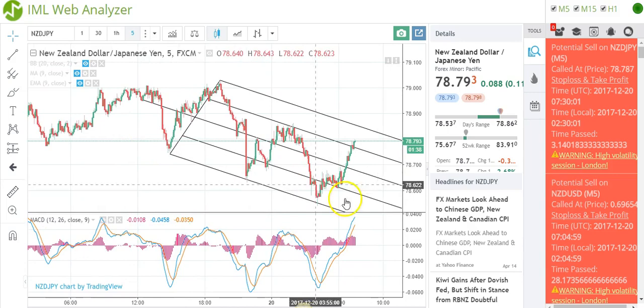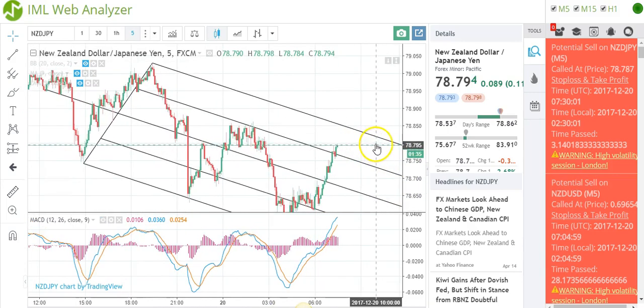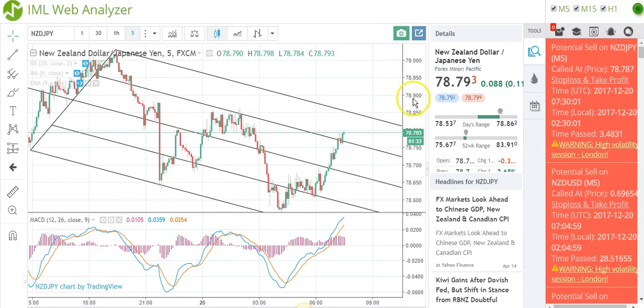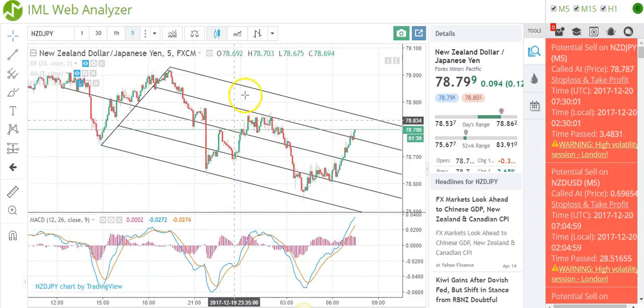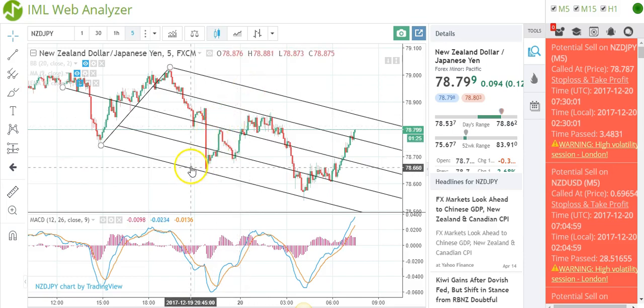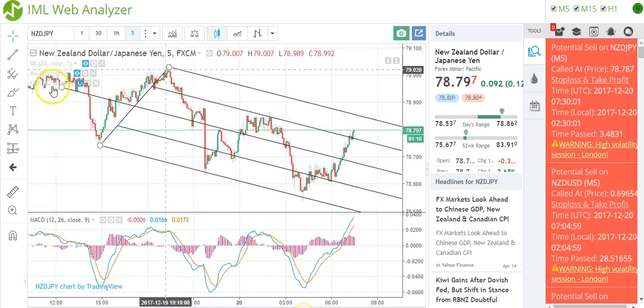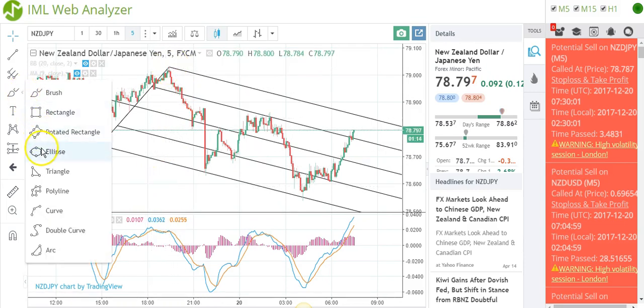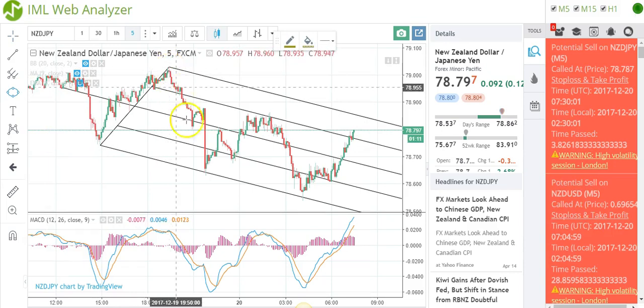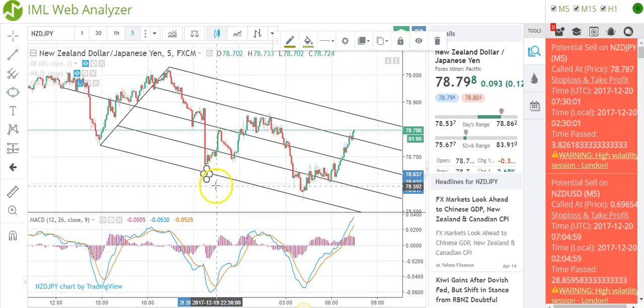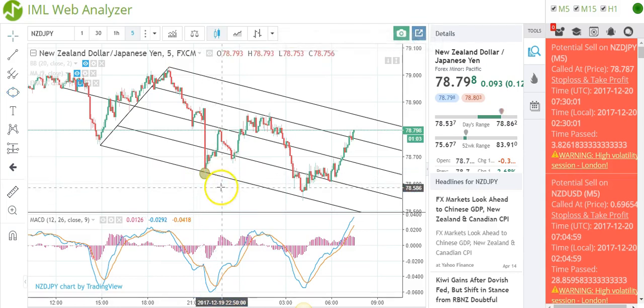Okay, here we go. Now let's take a closer look. When you get into your pitchfork training, you're going to find that the top parallel, the median, and the lower parallel are very important points, especially for entries. After we set it up, it shot down, touched this lower parallel, and shot back up to the median.